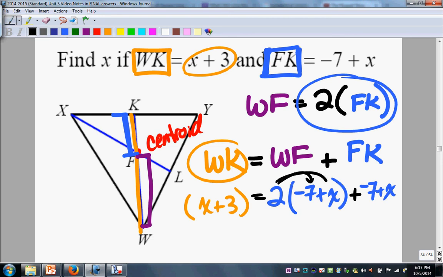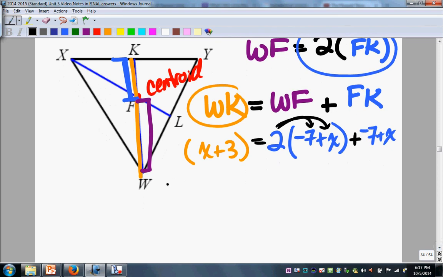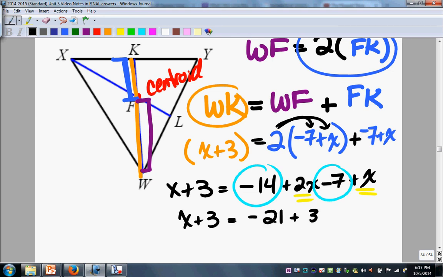Now we solve. We have X plus 3. This is going to be -14 plus 2X minus 7 plus X. You should collect like terms. X plus 3 equals -21 plus 3X.